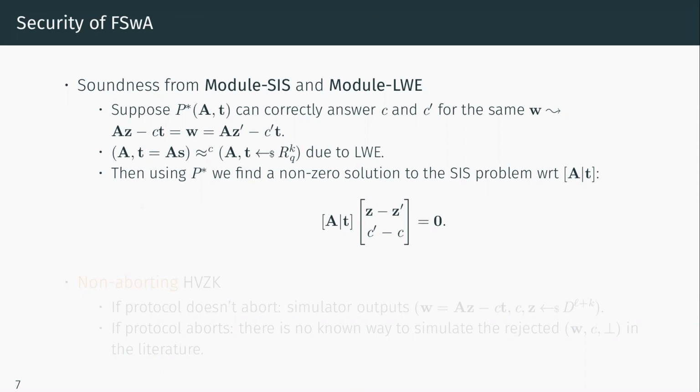So first, we assume that due to the LWE, the public key T is indistinguishable from a uniformly random value.